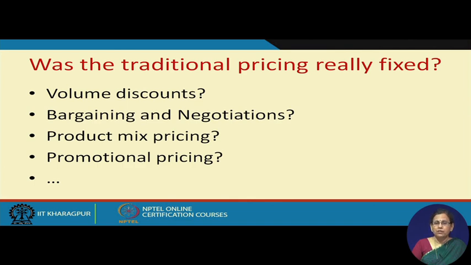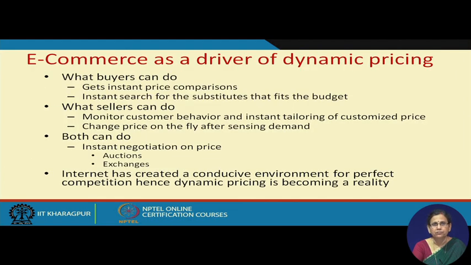If there is any promotion, you get items at a lower price or get multiple items together with the same price. So, therefore, traditional pricing in the true sense is also not fixed. But e-commerce has really made it easier to implement dynamic pricing. How is it done? Let us try to figure out.